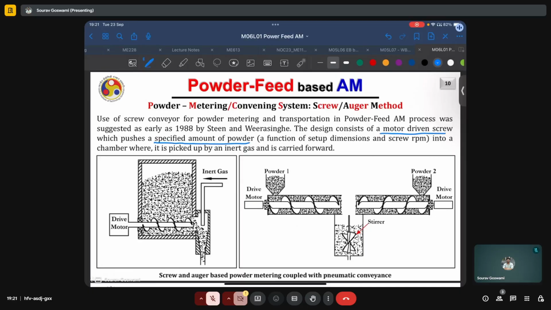The quantification of this specified amount of powder can be done based on the setup dimension and the RPM of the screw. On the right, we have a system for mixing two powders, powders 1 and 2, each with their own auger screw and drive motors. Based on relative RPM and relative dimensions of the two, we can introduce a fixed proportion of each of these powders into the stirring chamber for mixing and further usage.